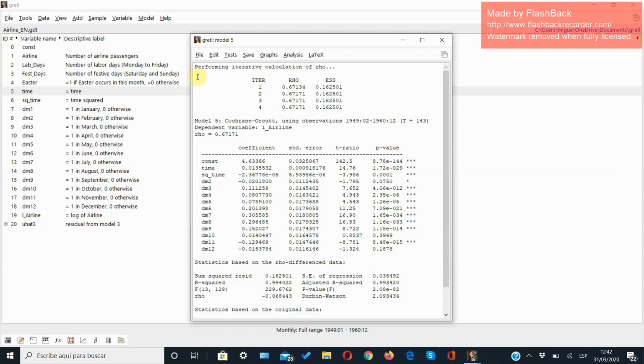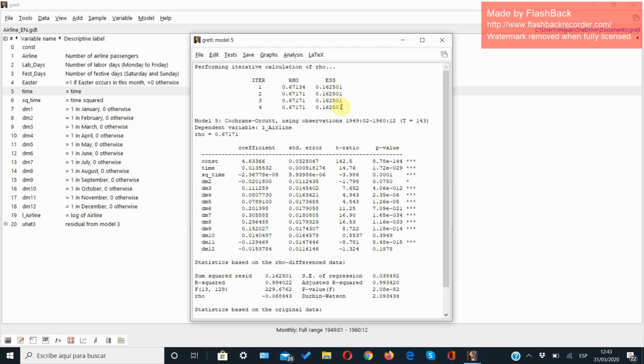Now you are iterating. To iterate in a regression framework means that you estimate one model by least squares, you adjust for autocorrelation, a second model, you adjust again for autocorrelation, a third model, and a fourth model. And then you stop iterating. You stopped iterating because this rho parameter, which is the coefficient relating epsilon t minus 1 with epsilon t, didn't change in these 3 iterations, and the sum of squared residuals didn't change either.